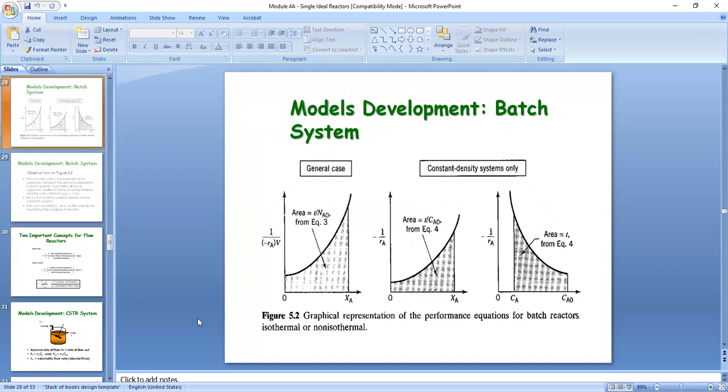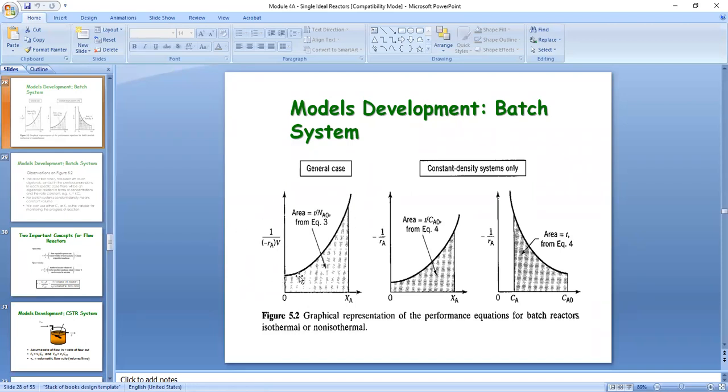So in the general sense, let's say for example, in the horizontal axis you have XA, the conversion, and on the vertical axis you have the product of the reciprocal of the reactor volume and the rate. This would be the resulting curve if you plot XA versus this one.